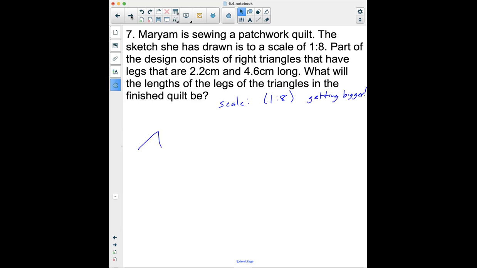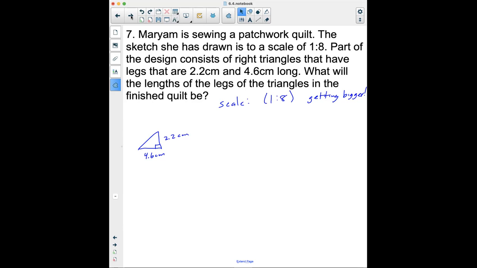Let's draw a sketch of what she's looking at. Right angle triangle, the legs are 2.2 centimeters and 4.6 centimeters, and the scale is 1 to 8. So 1 centimeter is getting multiplied by a factor of 8.